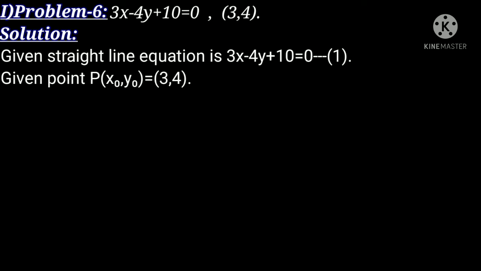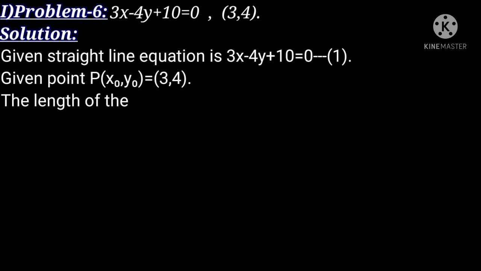Here also we find the length of the perpendicular from the point P to the line 1. For that we use the formula mod of ax0 plus by0 plus c by square root of a square plus b square. Here also we find the a, b, c values from the given straight line equation, and the x0, y0 values are the point coordinates.